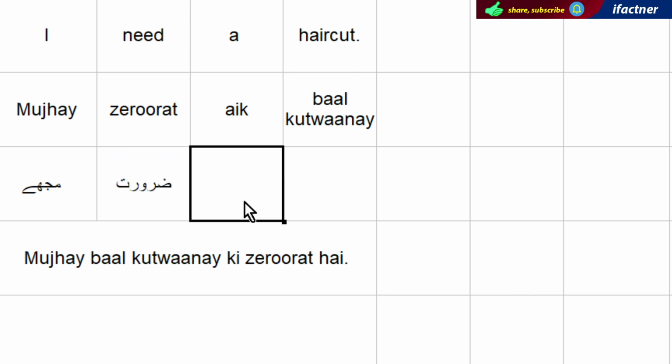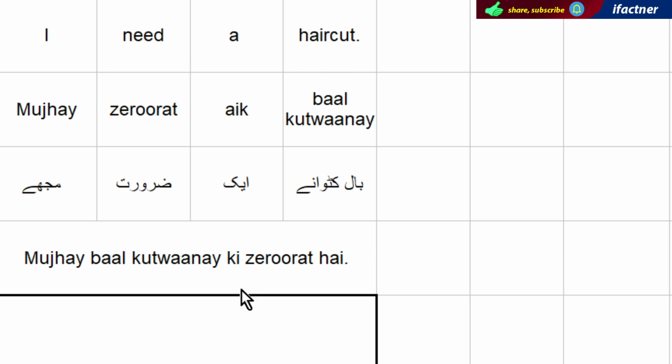Zarurat. Ek is alif, ye, kaf. Baal is be alif lam, baal, and katwane is cut, kaf te, cut, wow alif noon badi ye, katwane.